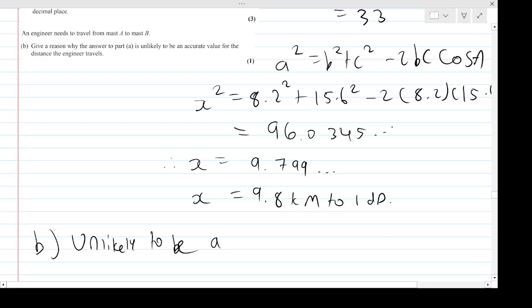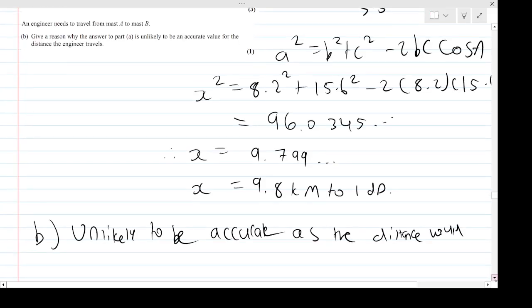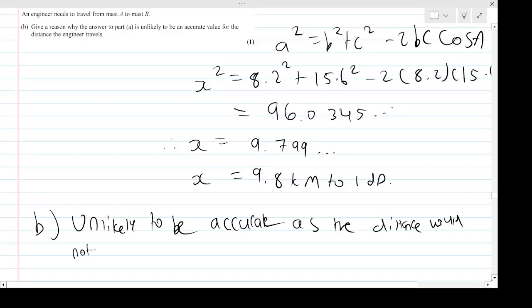as the distance would not be a straight line.